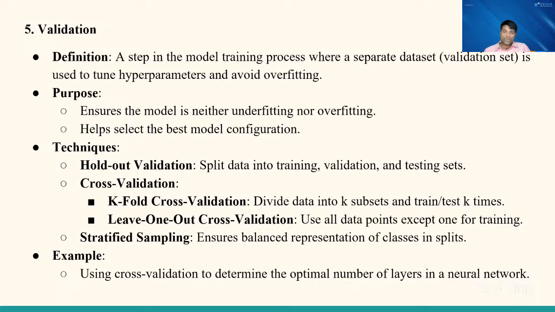Overfitting is where the model works well with the training data and doesn't work well with the testing data. It should work well on the training data and also on the testing data, but if it doesn't, we call it an overfitting problem.